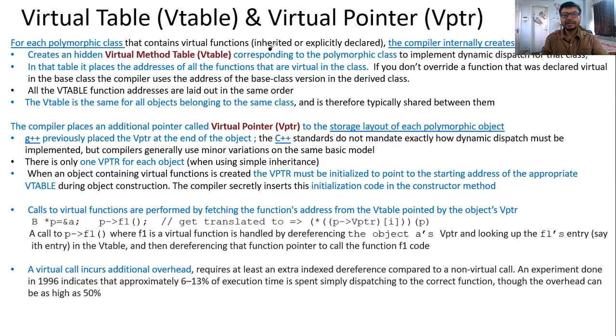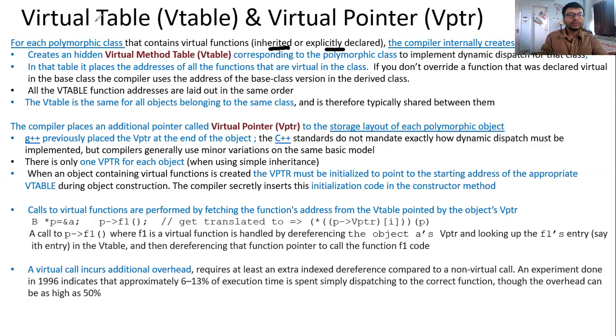Either through inheritance, it will inherit a virtual function from its base class, or a new function can be explicitly declared as virtual. Accordingly a particular class can have multiple virtual functions. So this vtable is supposed to have the addresses of all these virtual functions, so it's basically an array of function pointers you can think of.